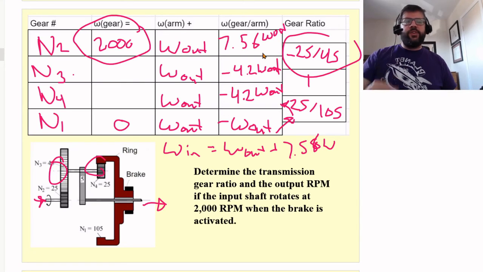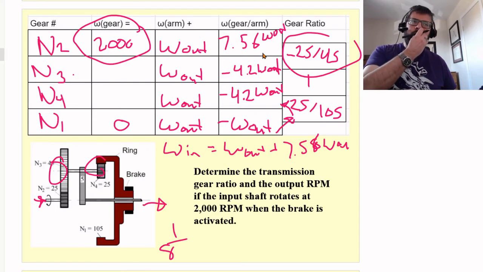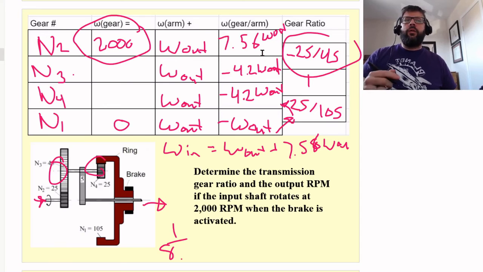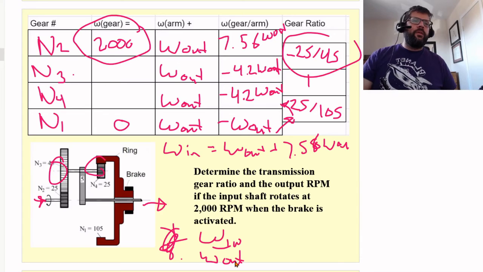So therefore our gear ratio is, sorry, the other way around. W in divided by W out is equal to, factoring out the W outs, 8.56.